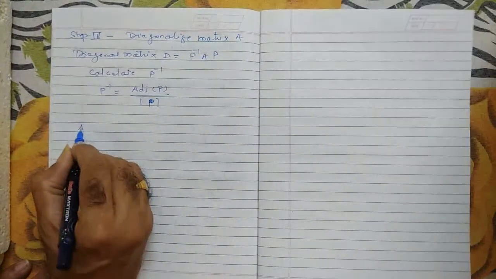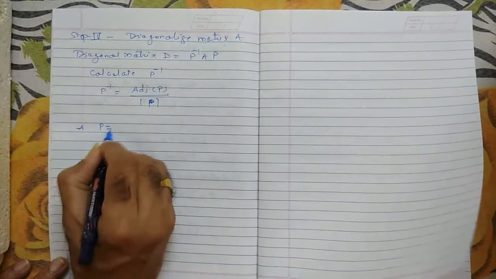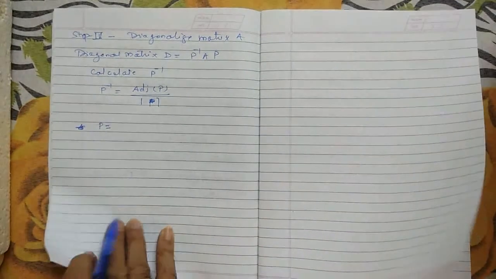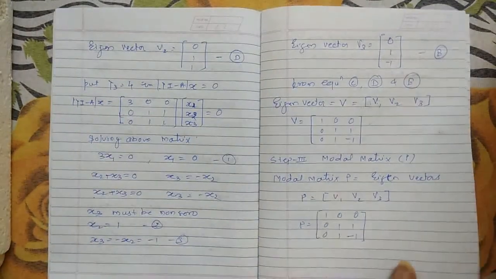Now P is given. P is what? 1 0 0, 0 1 1.